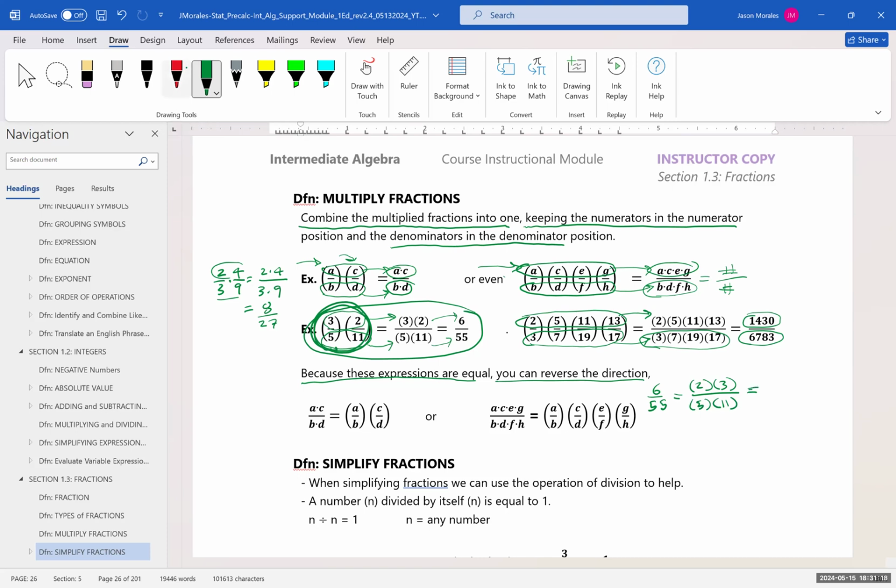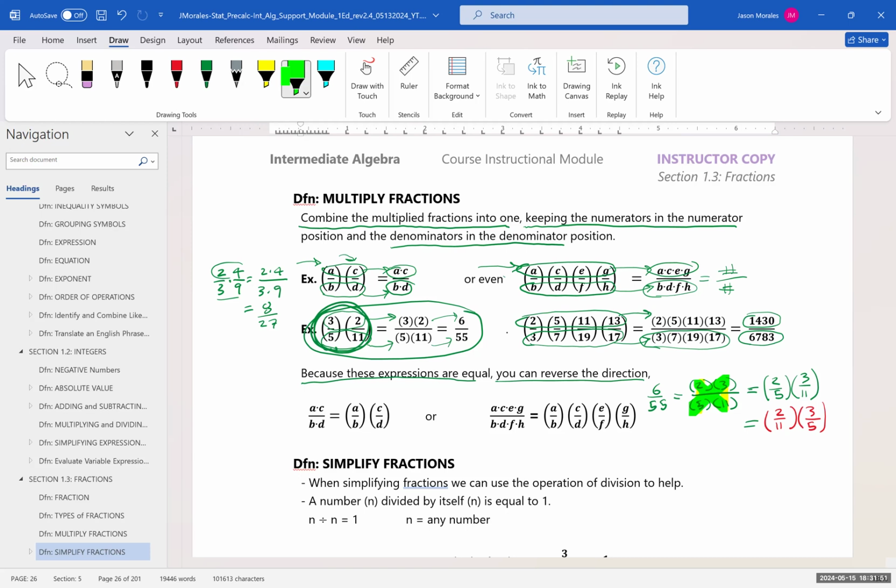Now, what's interesting is I could write that in two ways. I could write that as 2/5 times 3/11, by putting these two together and these two together that way. Or I could write this as 2/11 times 3/5.